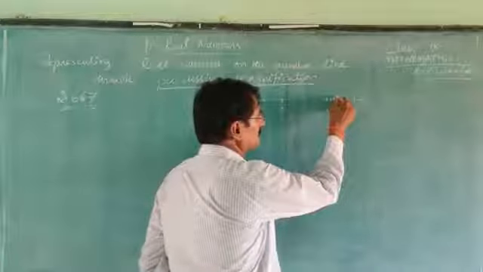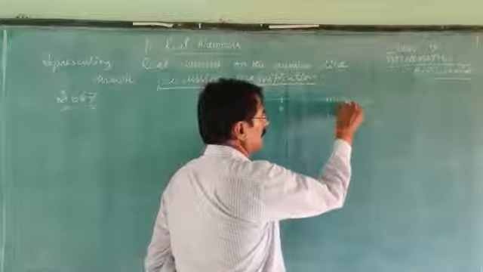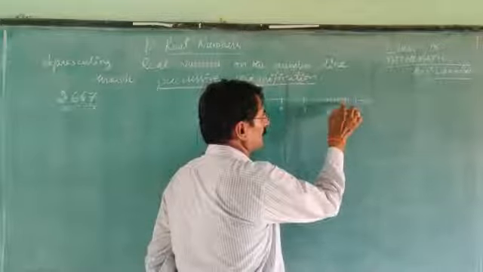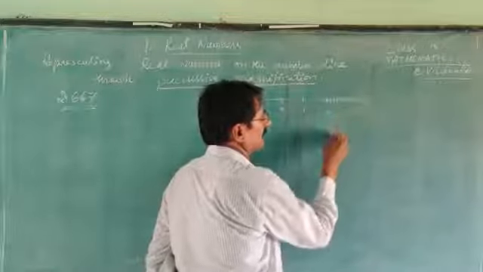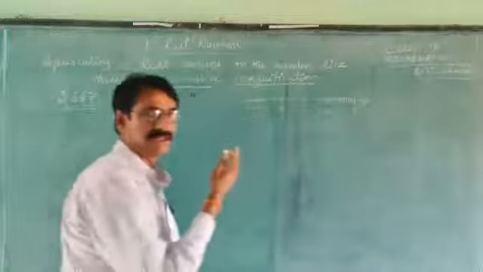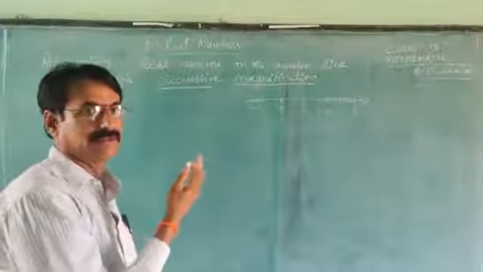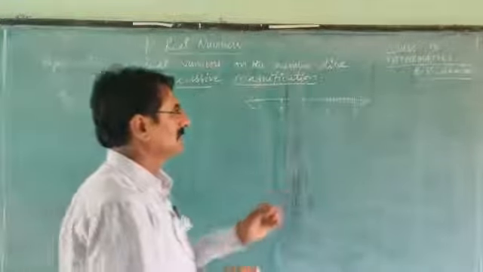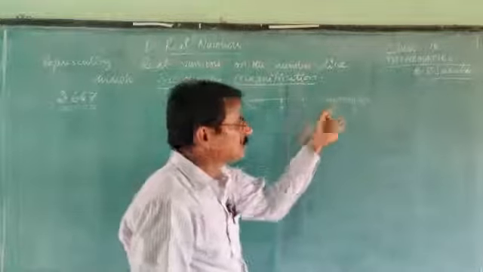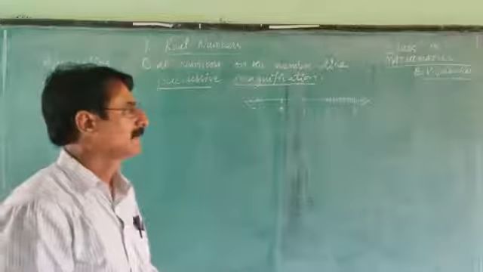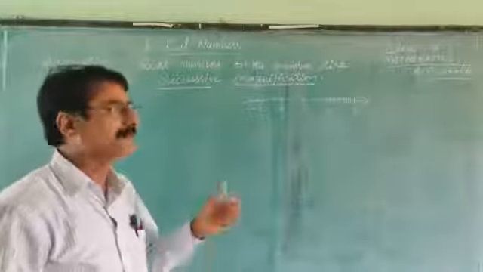If we divide this portion into 10 equal parts, 1, 2, 3, 4, 5, 6, 7, 8, 9, 10, are they visible clearly? These are very small portions. How do we see them clearly?